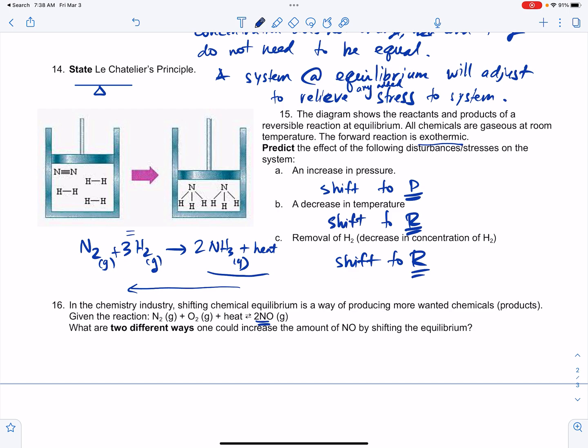The amount of gas is the same, so increasing the pressure won't change anything, but in terms of concentration, I'm going to move the system over to the right. So I can increase N2 or increase O2 gas, okay?